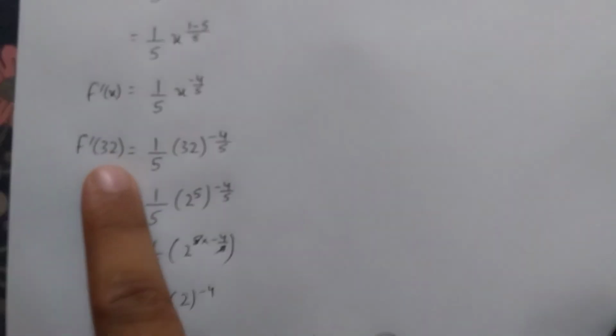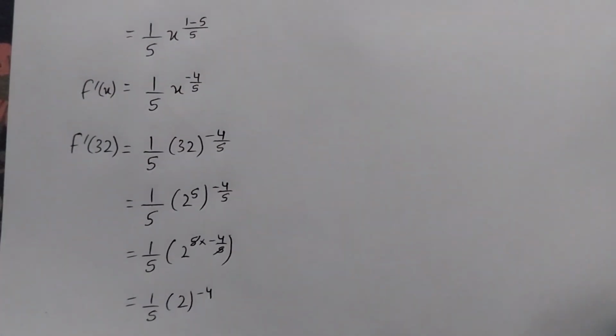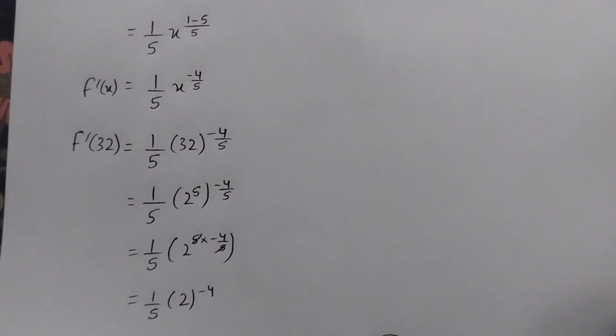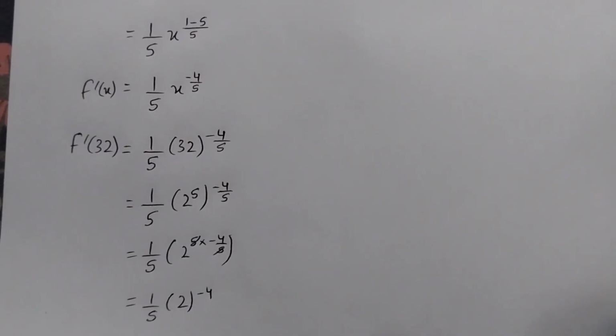When we put x equal to 32 in this derivative, we get 1 by 5 times 32 raised to power minus 4 by 5. 32 can be written as 2 raised to power 5, and the law of power over power will be used, so the powers will be multiplied. This becomes 2 raised to power 5 into minus 4 over 5. 5 and 5 cancel, and we are left with 1 by 5 into 2 raised to power minus 4.